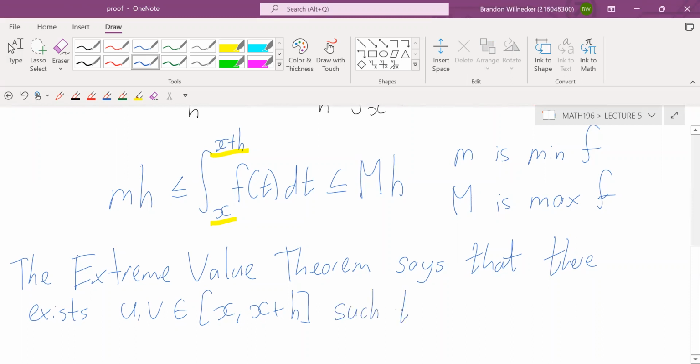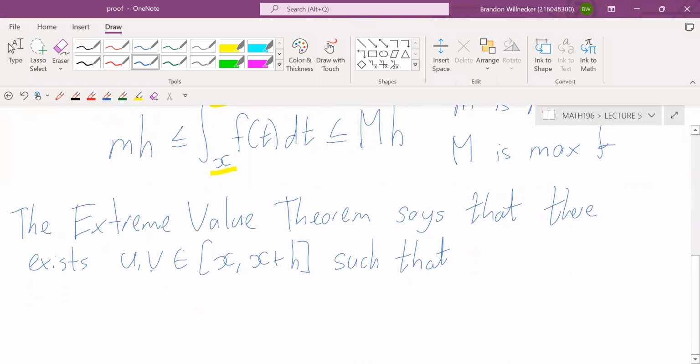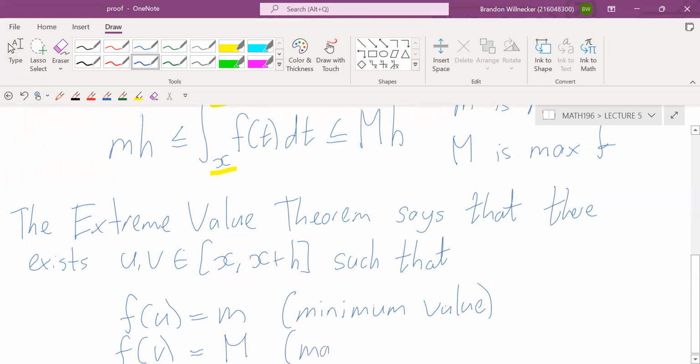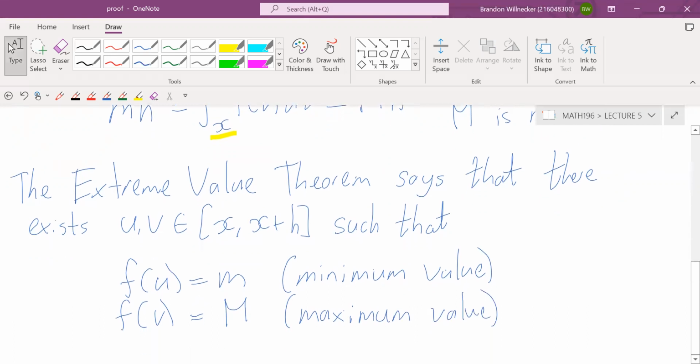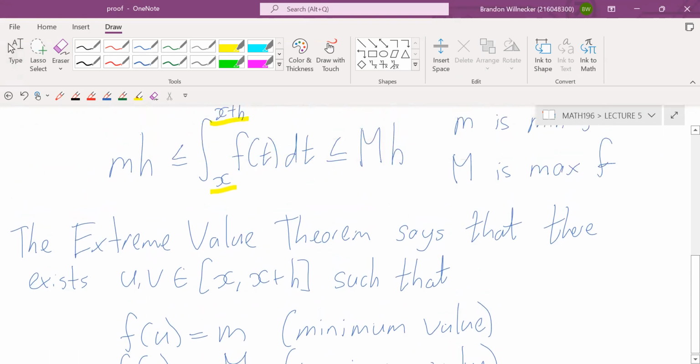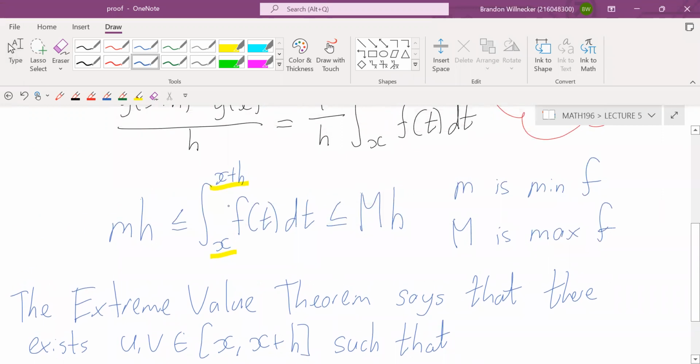Remember what the extreme value theorem says: on the interval, there's some number where f takes its minimum value and some other number where f takes its maximum value. In this case, u gives us the minimum value, and v gives us our maximum value. And remember that u and v lie on this interval x to x plus h, because that is the interval of our integration here.